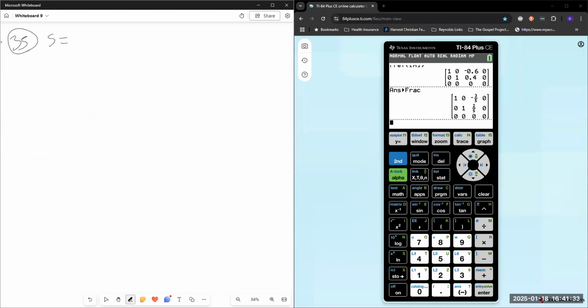Thirty-five says S equals (3/4, 5/2, 3/2), comma (3, 4, 7/2), and then (-3/2, 6, 2).